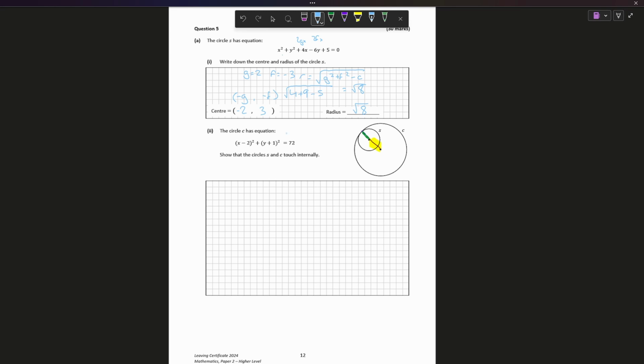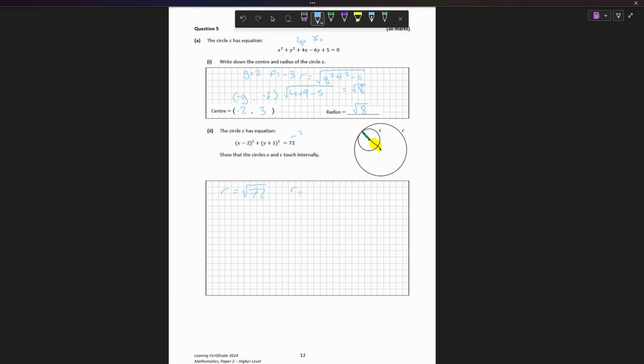So let's do that. We have the first center and we have the first radius. Next thing is I need to get the other radius so that I can find the distance between the two radii. Well, if you look at the log tables, it says that r is this bit right here, this is r squared. So if 72 is r squared, then r is the square root of 72.